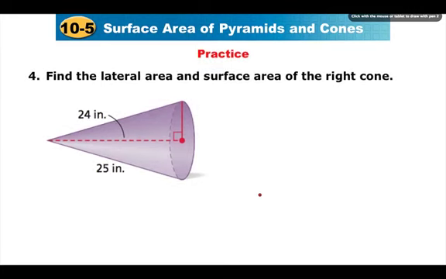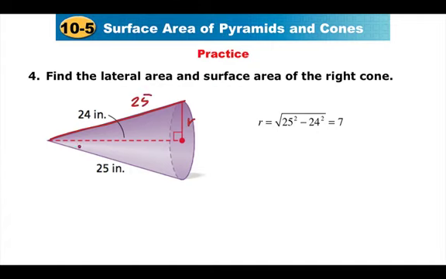Number 4, again, lateral and surface area. First thing is we need to find the radius. This is 24, and this right here is 25, which is the same distance that you see here. If you apply the Pythagorean theorem, you end up with 7 for the radius.